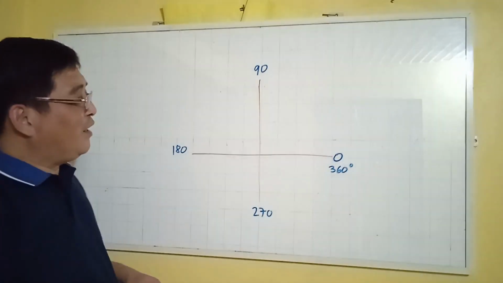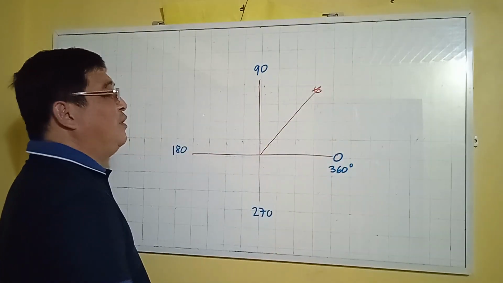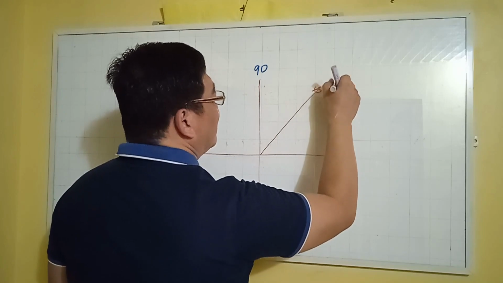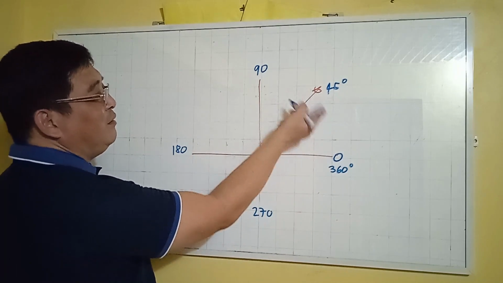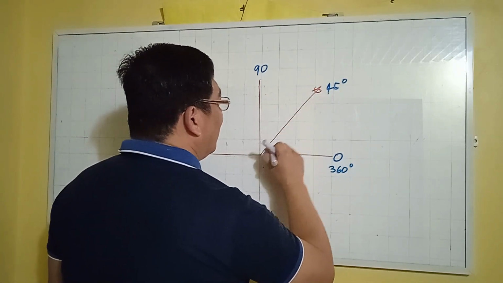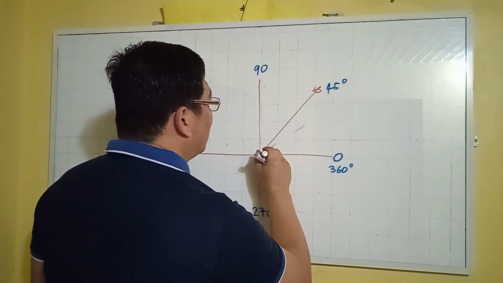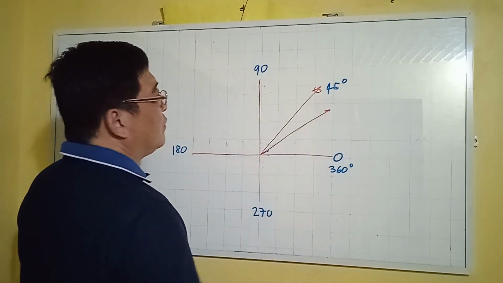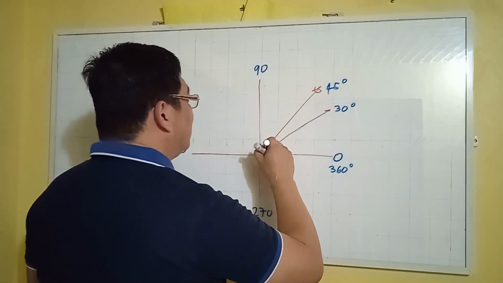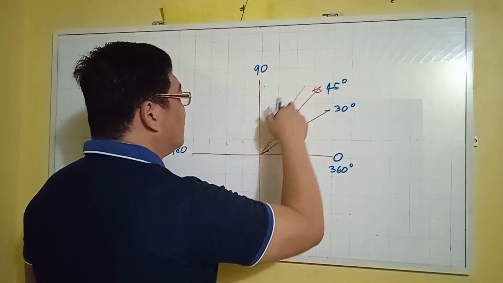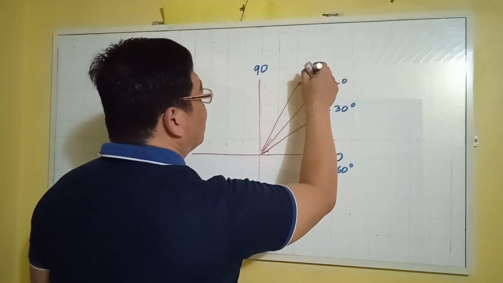Now, ano pa yung mga special angles? And then, sabihin natin this one, hatiin natin sa gitnang-gitna. We have here 45 degrees. And then, plus 15, minus 15. Minus 15, you have 30 degrees. Plus 15, we have 60 degrees.